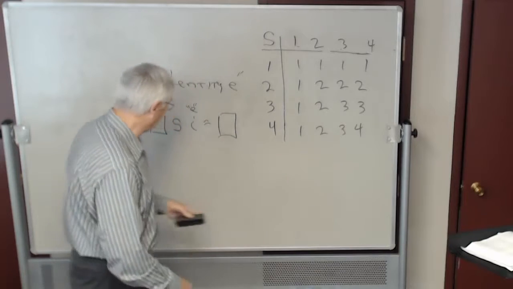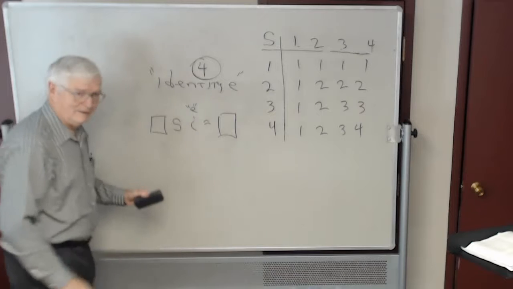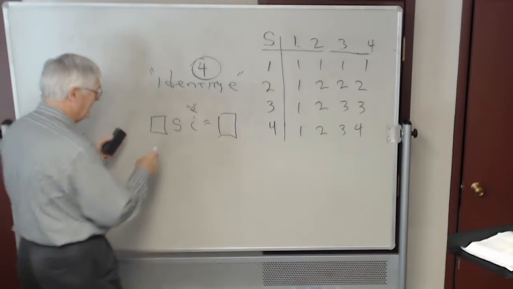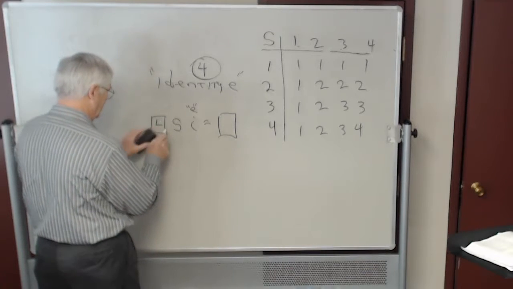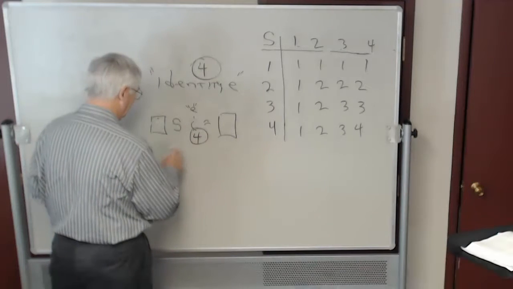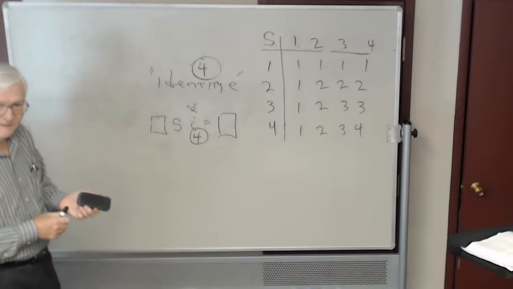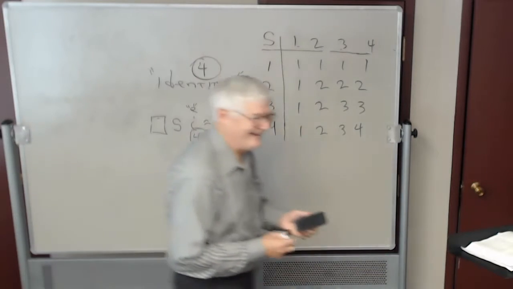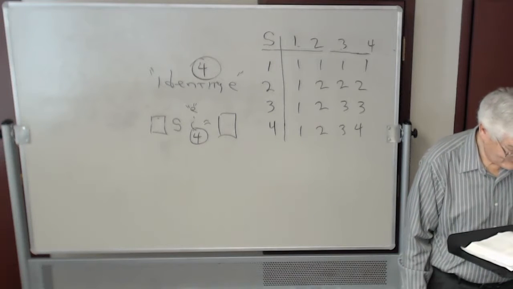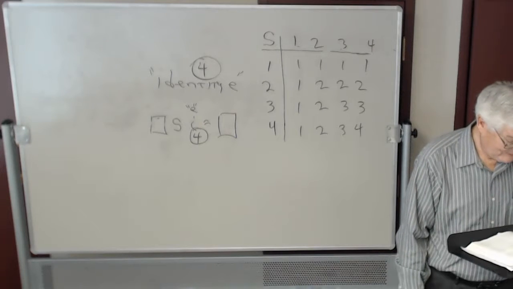So what's the identity element? 4. Because any number times 4 equals that number. All right. This is good stuff. I mean, you guys are doing some good, powerful thinking here.